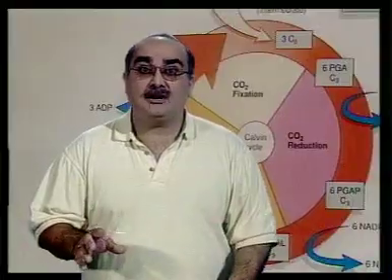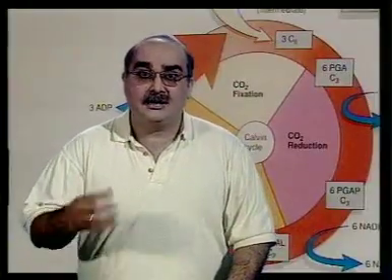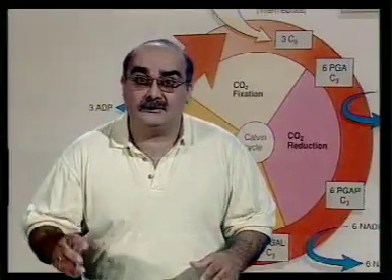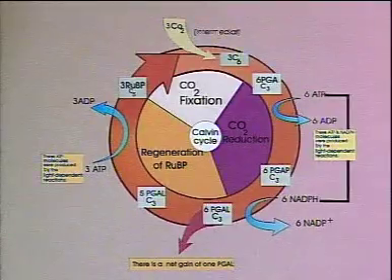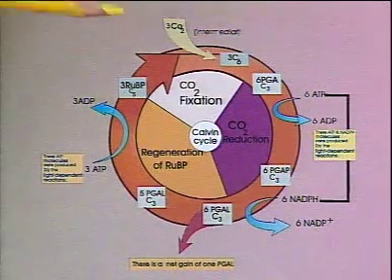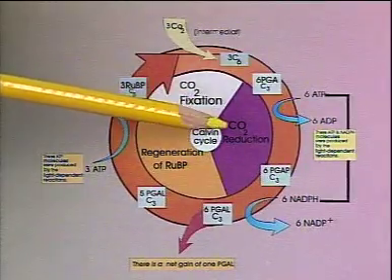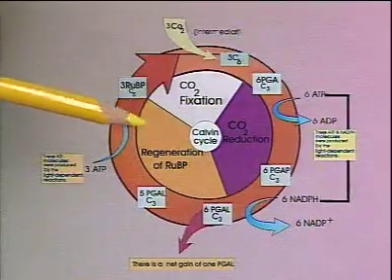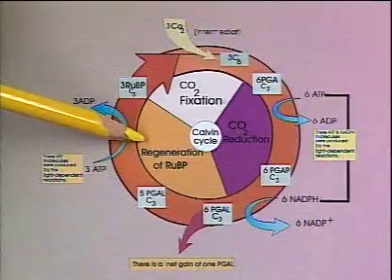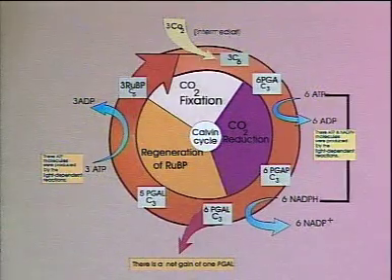The reduction of carbon dioxide occurs in the stroma of the chloroplast by means of a series of reactions known as the Calvin cycle. The series of reactions involved in the Calvin cycle include carbon dioxide fixation, carbon dioxide reduction, and regeneration of ribulose bisphosphate, RuBP. The diagram illustrates all three steps.